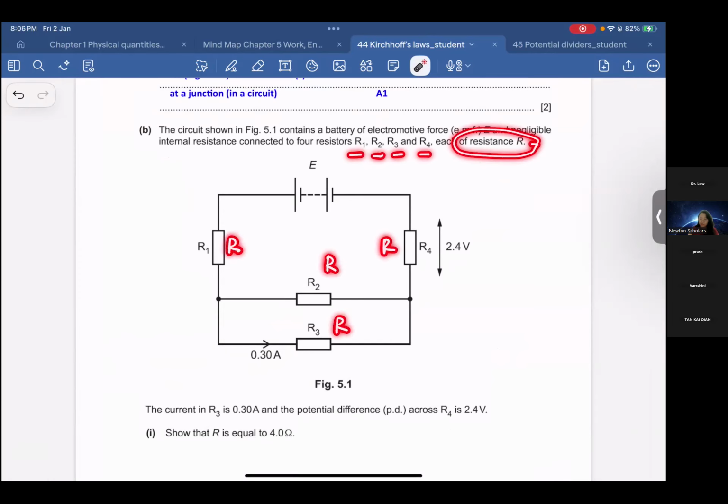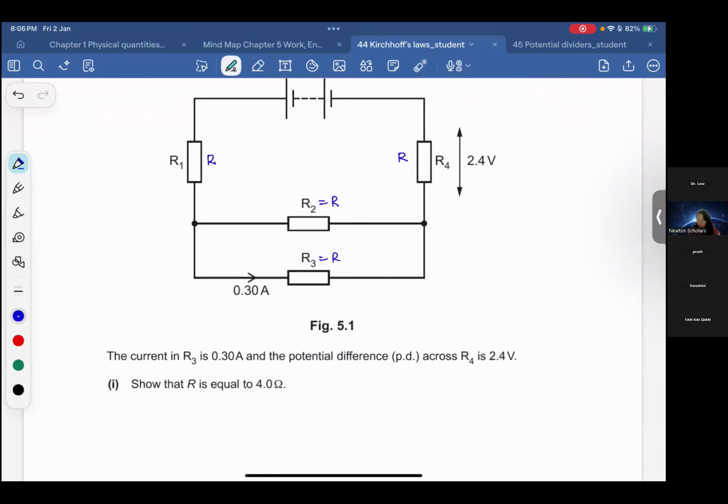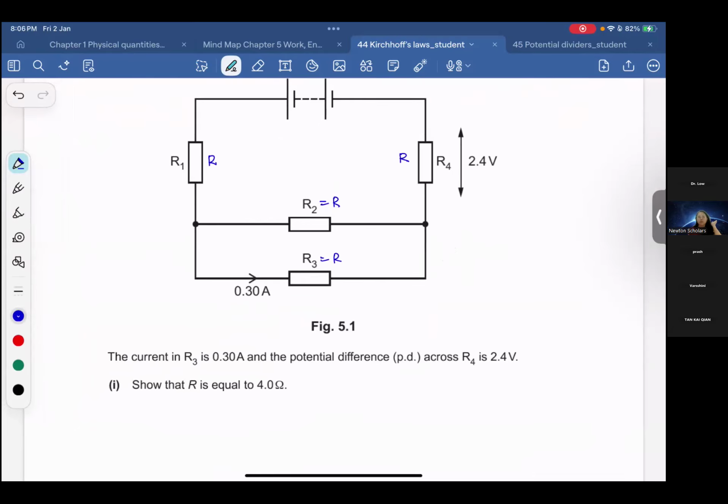They all are R. Now they're asking you what this R is. So this resistance is R, this is also R, here also R, and R4 also R. They ask you to prove R is actually 4.0. So using Kirchhoff first law and Kirchhoff second law.